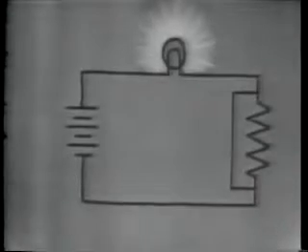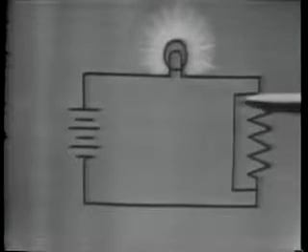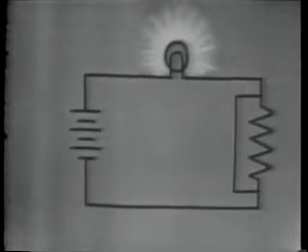This circuit is designed to light a lamp. Since the resistance of the lamp is normally low, a resistor is connected in series with it to control or limit the amount of current flowing through the lamp. Now, if the resistor you see was shorted out, the total circuit resistance would decrease and the current would increase.